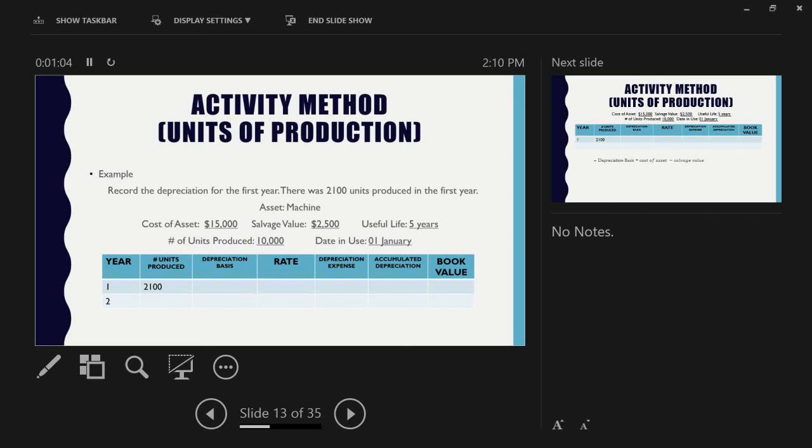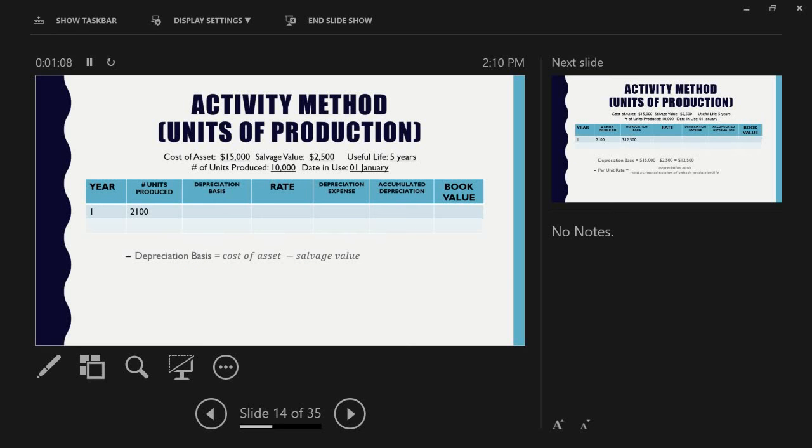So the first thing we're going to do is explore the first section. First of all, we need to solve for the depreciation basis. Here we know what the information is. So how do we solve for the depreciation basis?